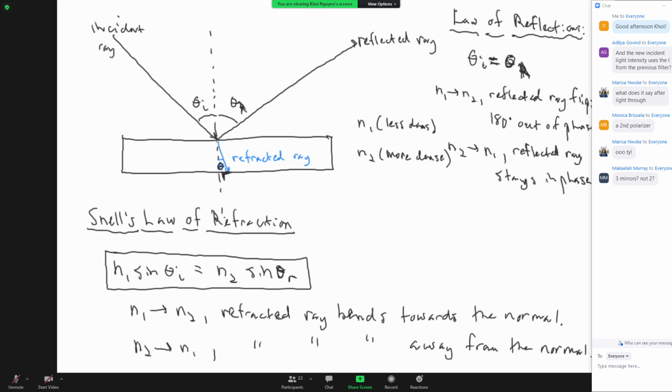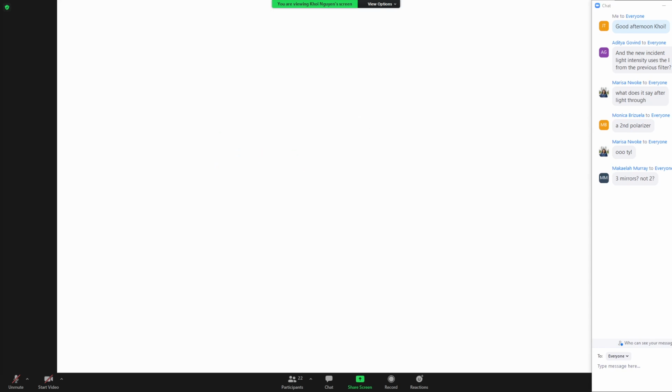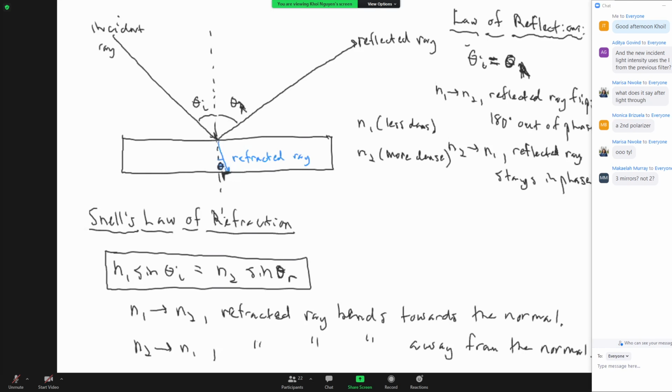Okay, let's keep that in mind. All right. By the way, definitely need to know the law of reflection, but it's really simple. Angle coming in equals the angle at which it comes out at, based on the normal, right?